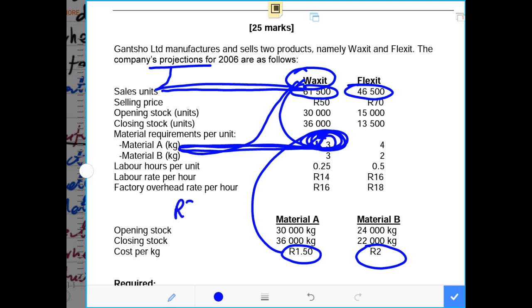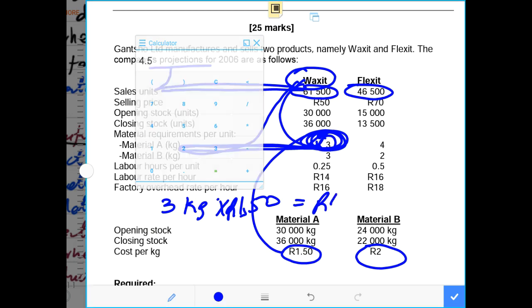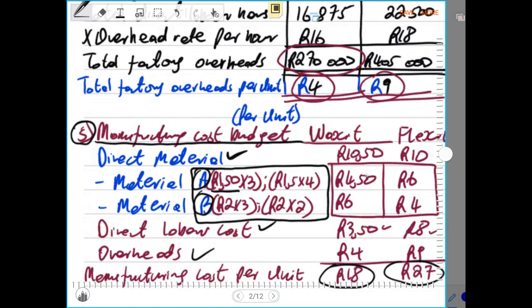Therefore we multiply 3 kgs by 1 Rand 50 cents, and it gave us 4 Rand 50 cents. So 4 Rand 50 cents is the direct material cost of material A per unit, and we allocated that there.